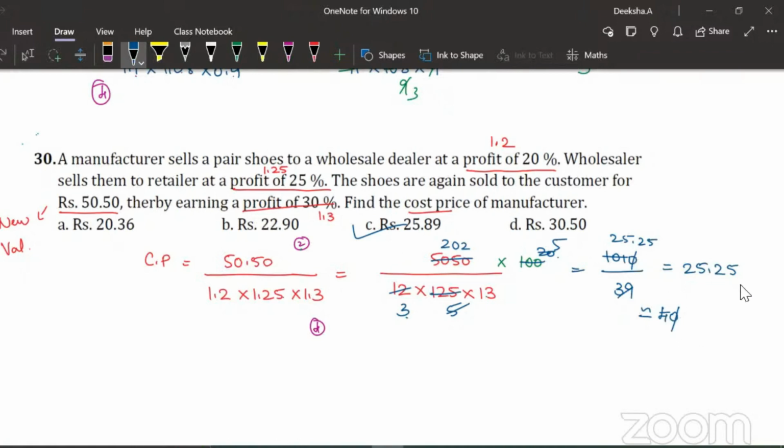I have increased the value here. The original value is lesser, the value that I have assumed is more. If I take 40, I will get 25.25. If I actually divide by a number lesser than this, the answer will be greater than what I have got. So take the answer which is slightly greater than this one, and the answer is going to be 25.89.